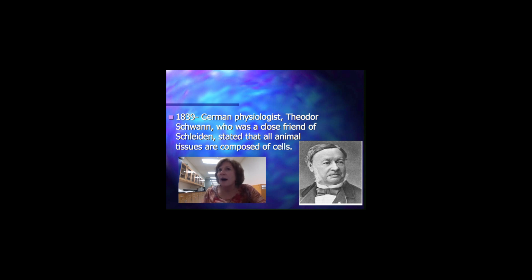Now, he didn't see the boxy shapes that Schleiden saw, but he saw containers, like some of them were long and skinny and some of them may have been round, but he got to noticing there was always this little dot in the middle of them, and so he thought, these may be composed of cells as well. And so he contributed the idea that all animals were made of cells.